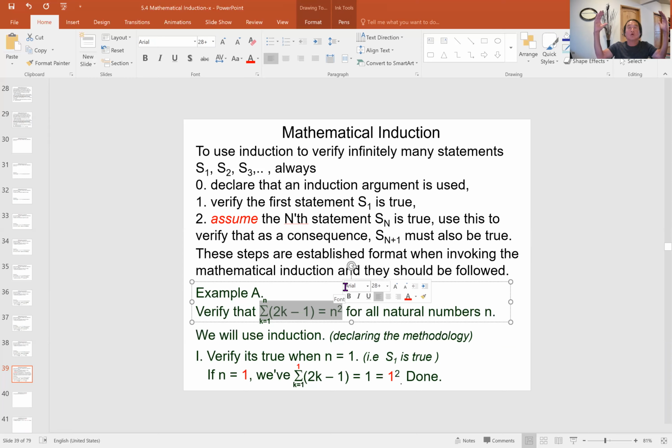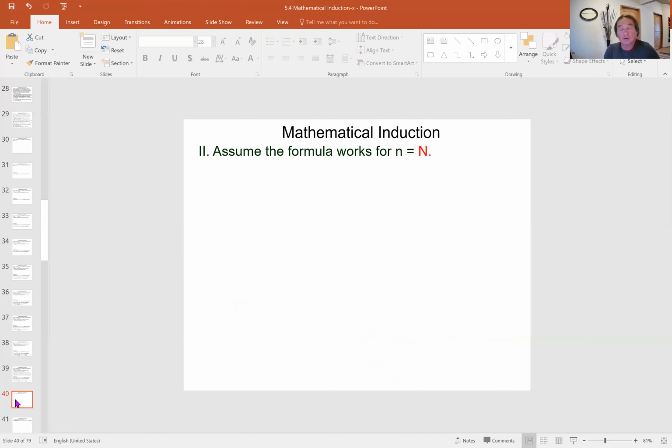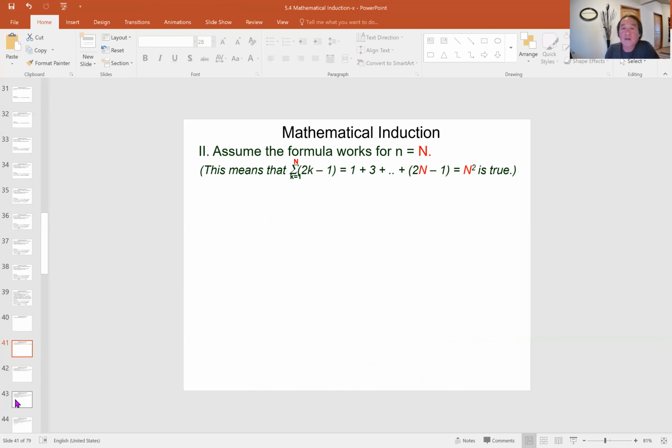Then we're going to use that to show that the next pattern has to be true, because these patterns follow the formula. So we're going to assume the formula works up to n. What does that mean? It means adding the first n odd integers gives n squared. Okay, so assume that pattern persists. Now I want to show that the formula is also true for the next number, n plus 1.